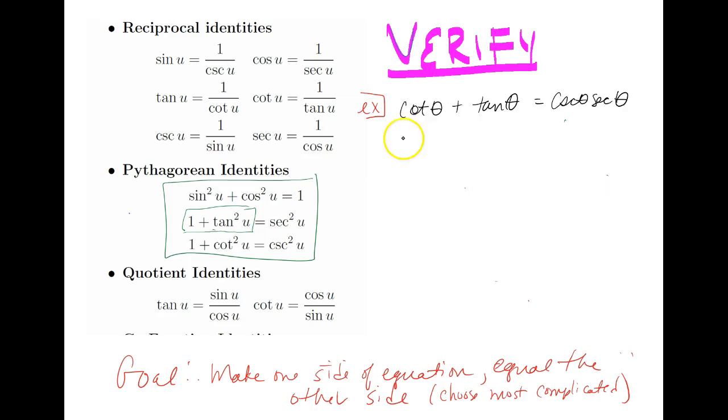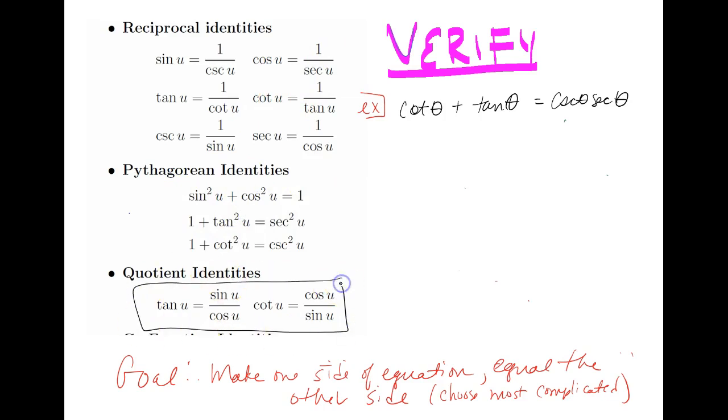Okay, so for this one, both the left and the right side look equally gross, I guess you could say. But for me, it's always easier to start with an addition problem because I know I can do algebra to addition. Now, I can't add these together as is, so I would go ahead and work on plugging something in for those. My go-to, I rarely use the ones up here, guys, is usually these when I'm dealing with cotangent and tangent.